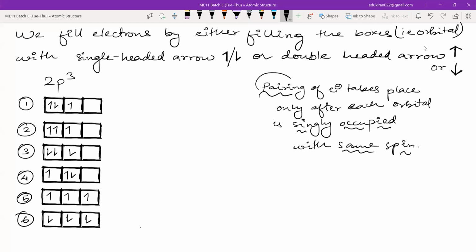This is -1, this is 0 and this is +1. Shoaib, in the -1 orbital, are the electrons paired, unpaired, or single? Single. Yes, in this one, there is only one electron? No, I mean paired.